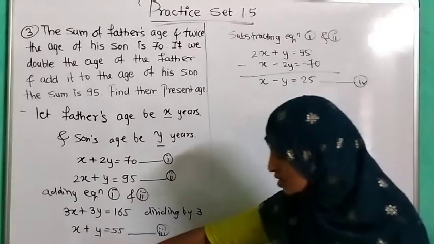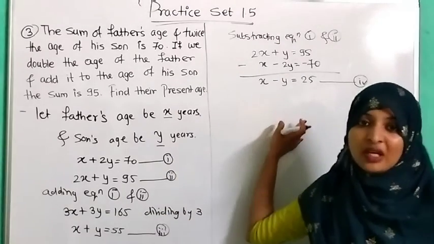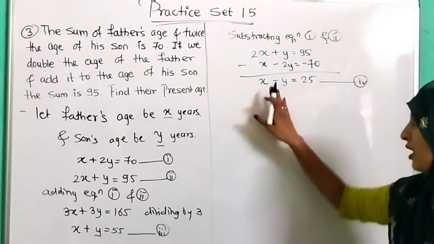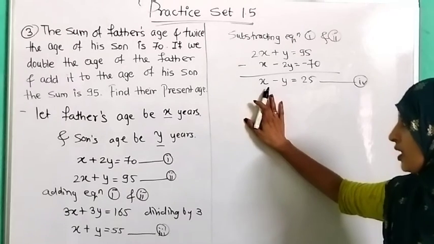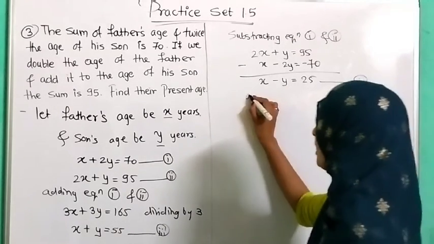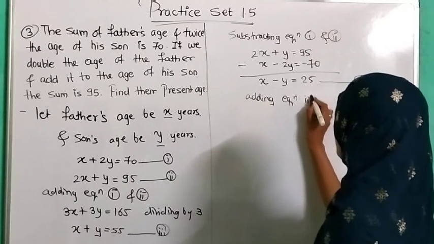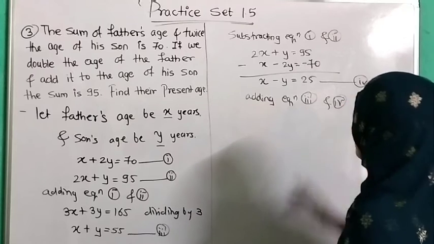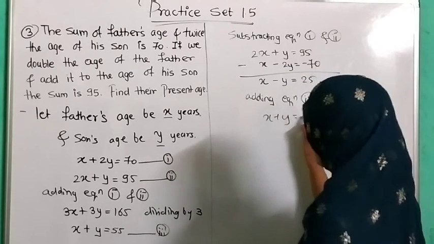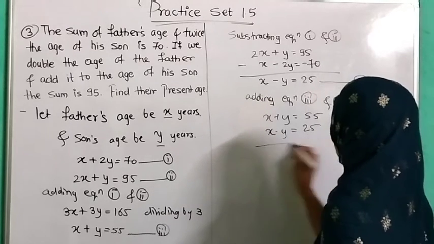Now if we observe equation number 3 and equation number 4, we come to know that if we use the elimination method, then we can eliminate the y term and get the x term. So we are going to add equation number 3 and equation number 4. Adding equations 3 and 4: x plus y is equals to 55 and x minus y is equals to 25.